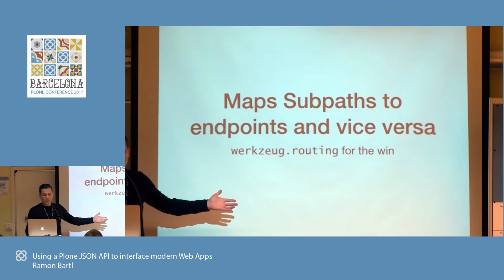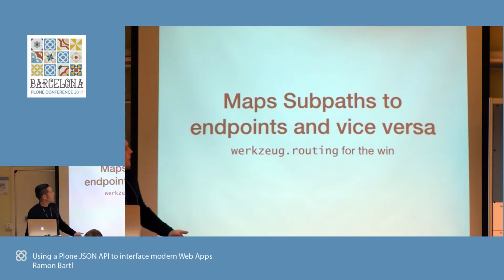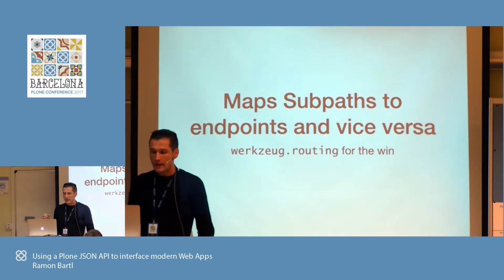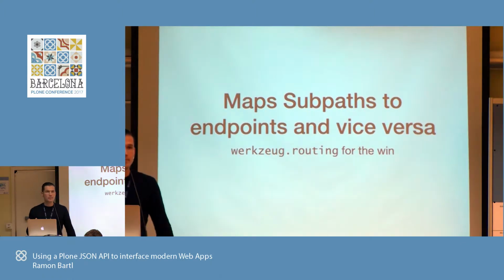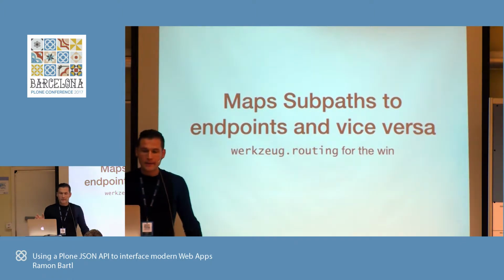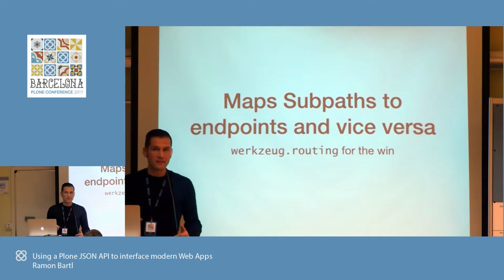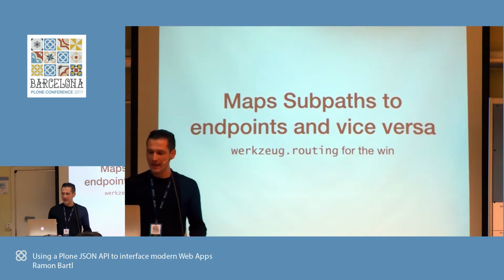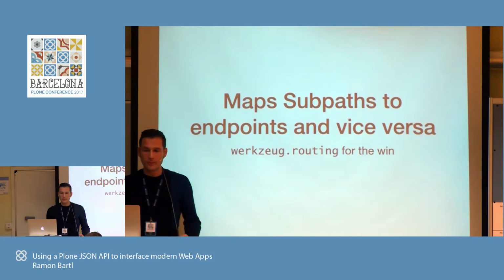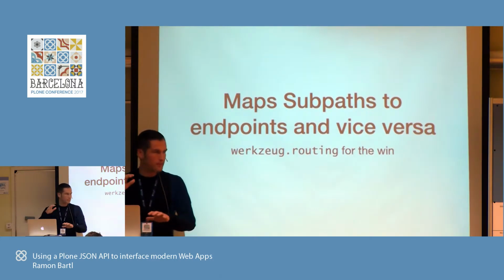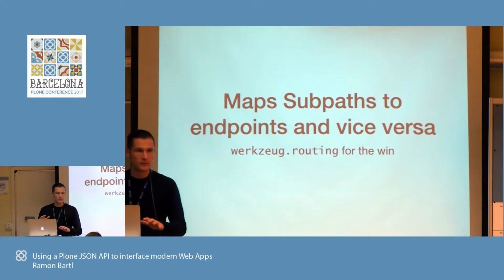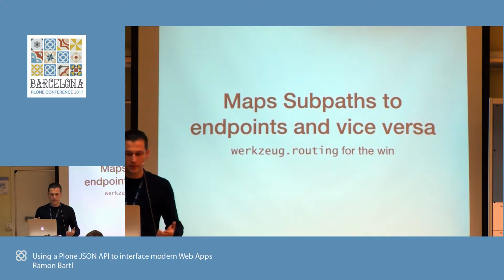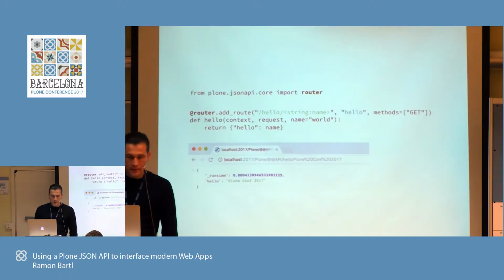Instead of traversing to the content, it maps this subpath to an endpoint. And I'm using the same as Flask, Werkzeug routing. It's a really cool name because in German, Werkzeug is a word for tool. It's a really cool library which is also integrated in Flask to provide the route mappings, and I used the same.